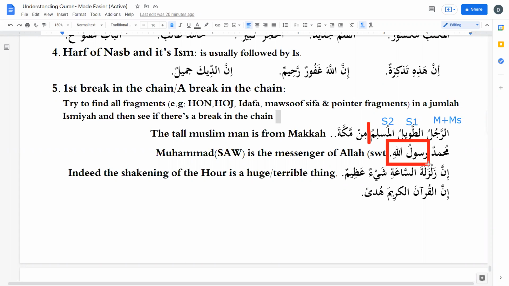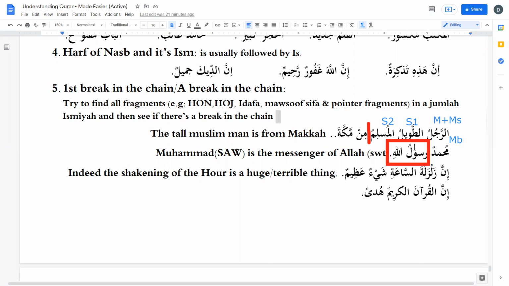This is the chain, right? So over here Muhammadun is the mubtada of the sentence, Muhammad sallallahu alaihi wasallam, and Rasulullahi is mudaf, mudaf ilayh.